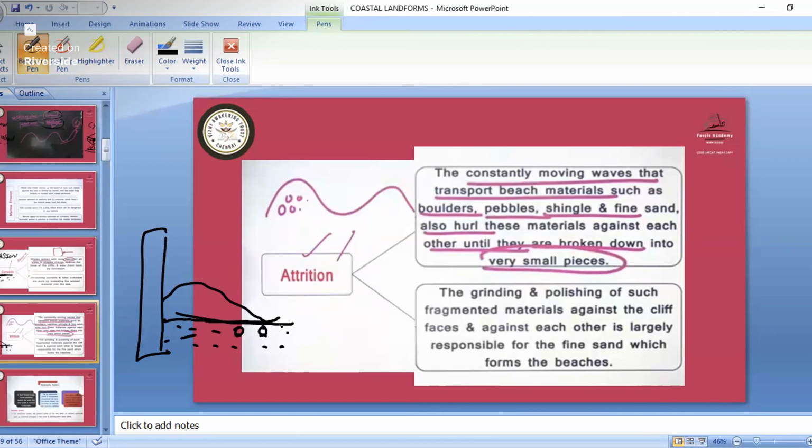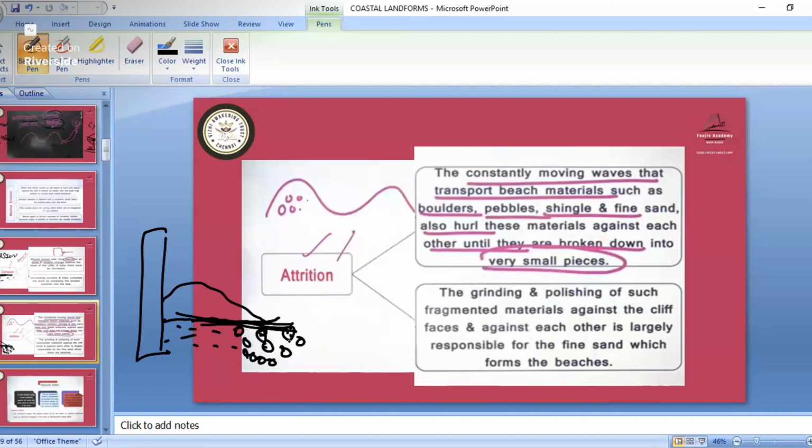Waves flowing towards the beach side bring those materials from the ocean side near to the beach side. Now suppose some big rocks are there. Due to the force of water and wind, they are brought this side.